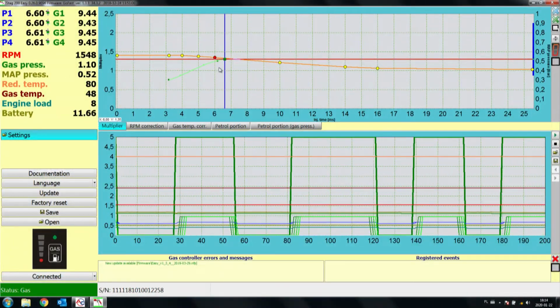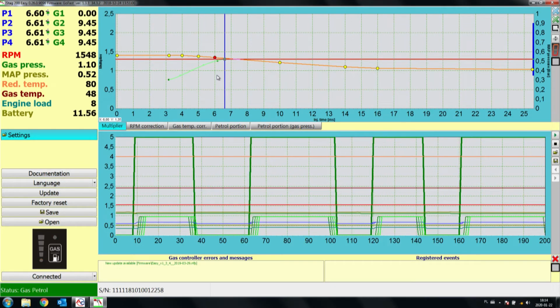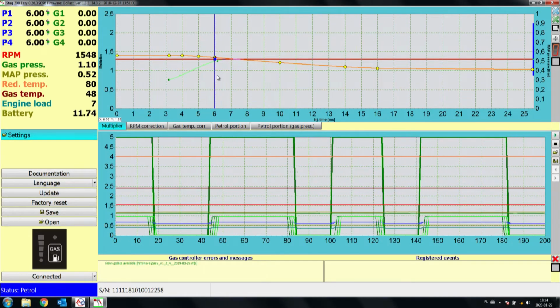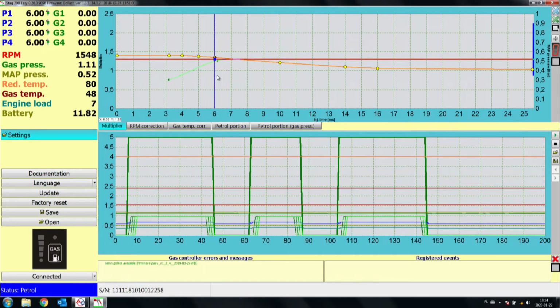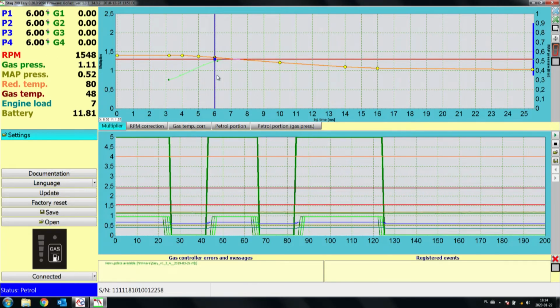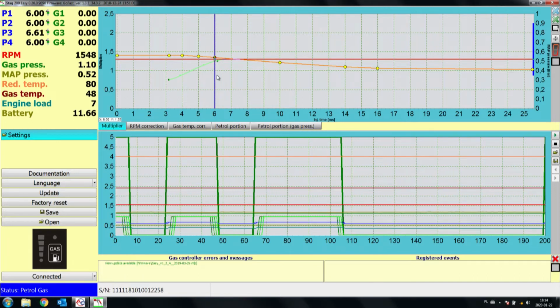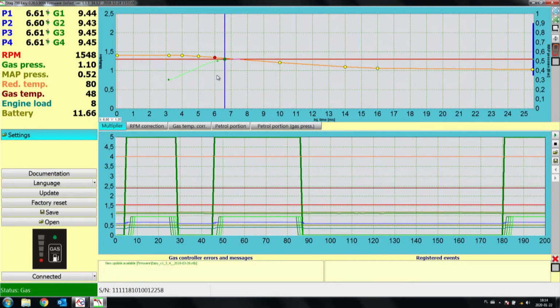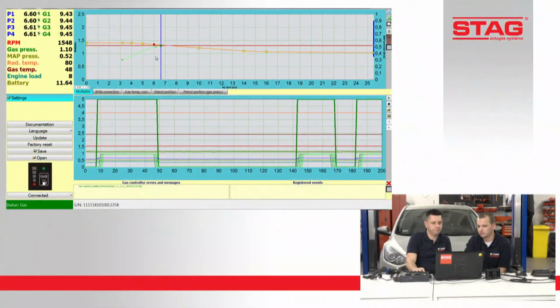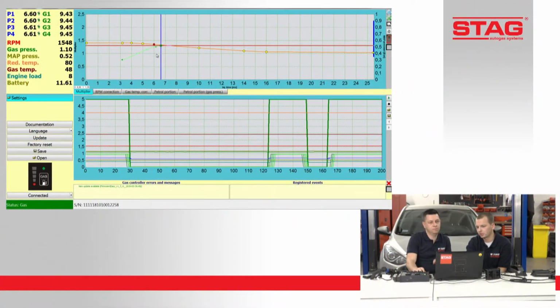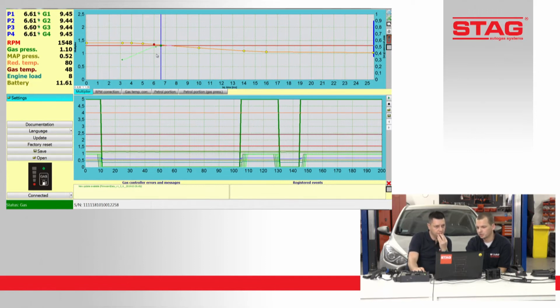It goes to the right while we switch to gas, and it has to stay in the same place. But Maciek, what is happening with the mixture in this situation, where the blue vertical line goes to the right? It means that the petrol ECU is making the petrol injection timings longer because the mixture is too poor. We have to enrich the mixture.